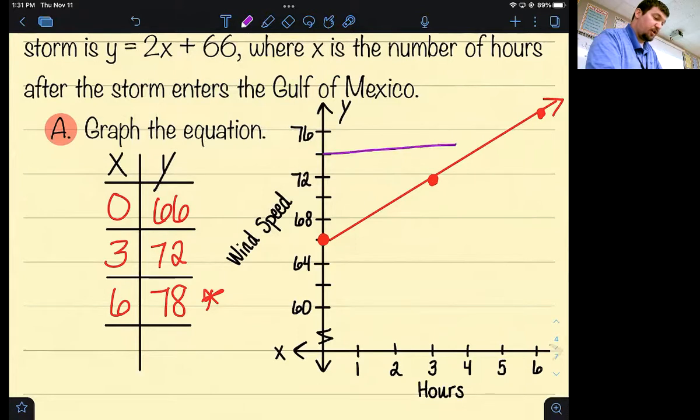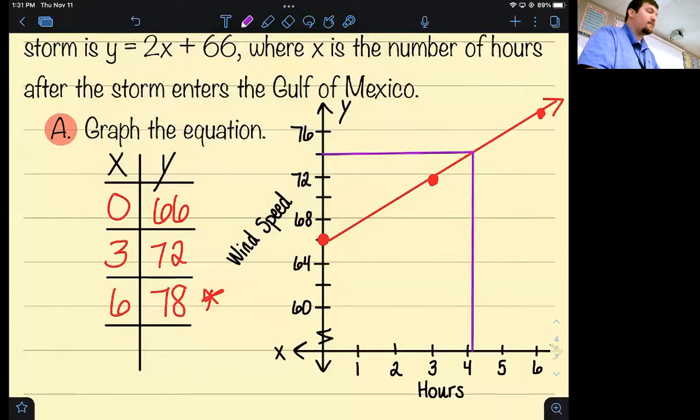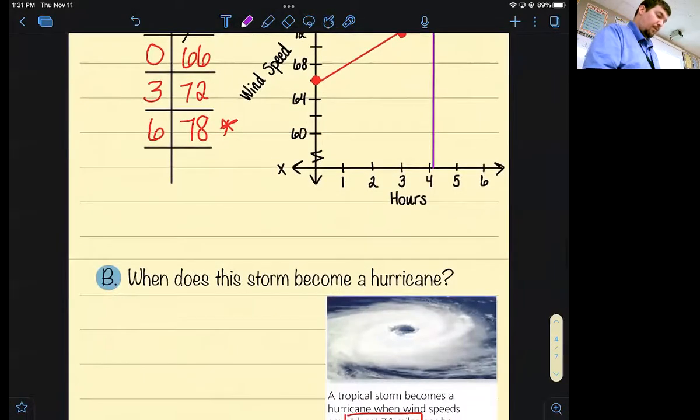So according to our chart, that's going to happen right around how many hours? 4. And honestly, if you had plugged in 4 as one of your numbers, you would have gotten exactly 74. And so our storm will become a hurricane after 4 hours of entering the Gulf of Mexico.